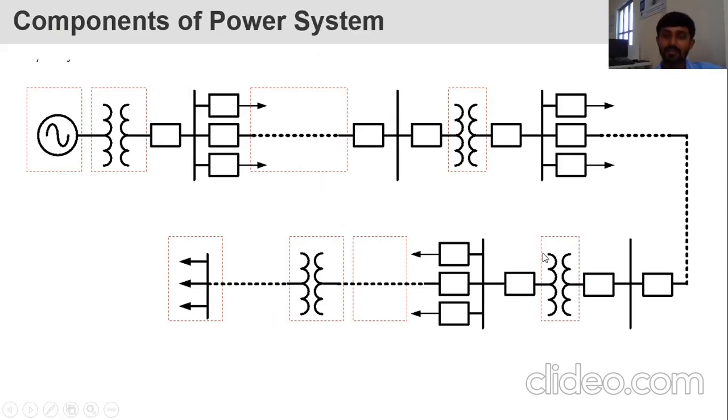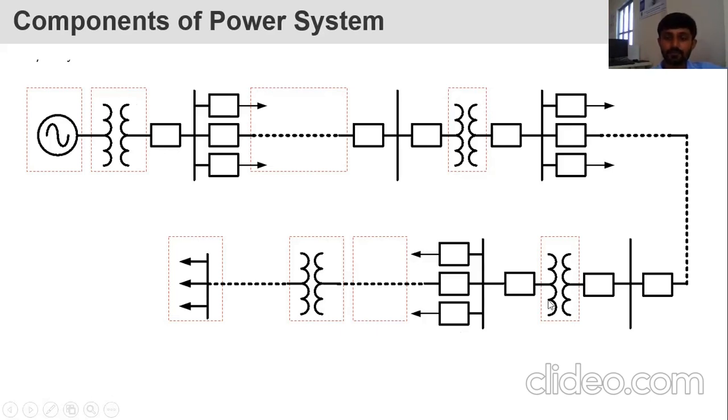After that, from 66 kV there is the 11 kV pole mounted transformer or underground transformer, and then it goes to the consumer. There are different zones of the power system. There is the generating unit, the substation unit, and the step up transformer. This is a transmission unit, and there is a transmission substation unit, maybe 220 kV or 66 kV.